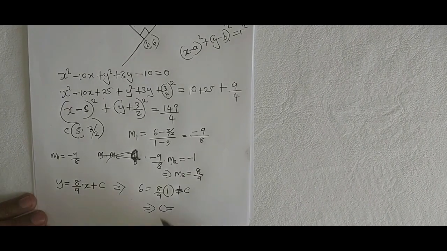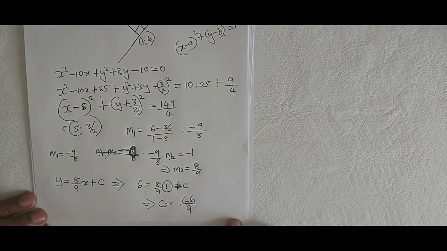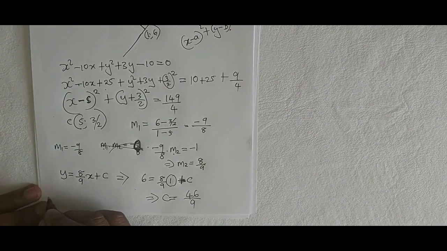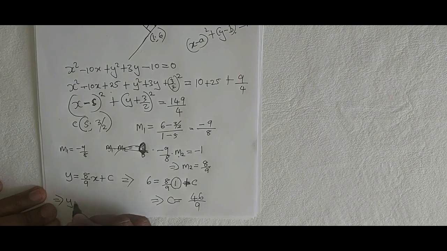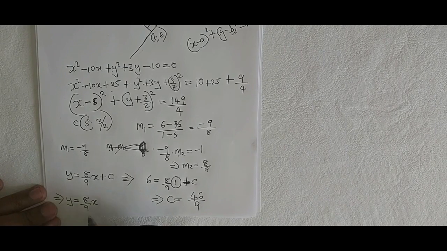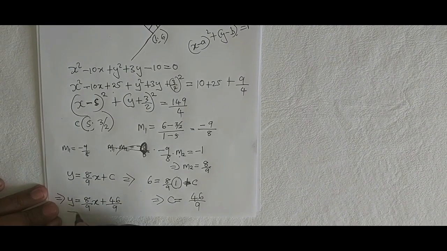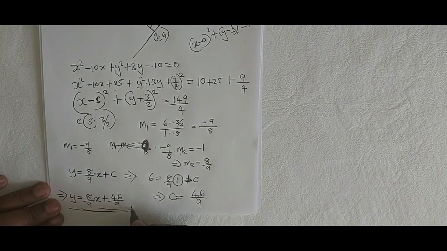Using the common denominator 9, that is 46 over 9. You can still cross check with the calculator. Therefore, my y equals 8 over 9 x plus 46 over 9. That becomes the equation of the tangent.